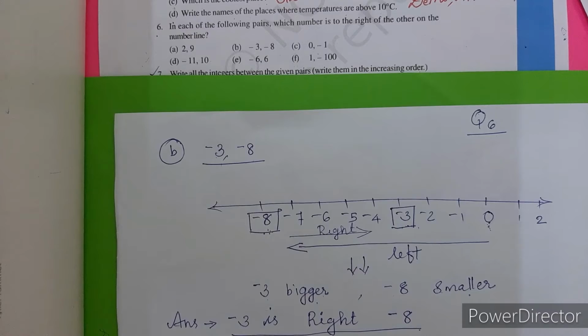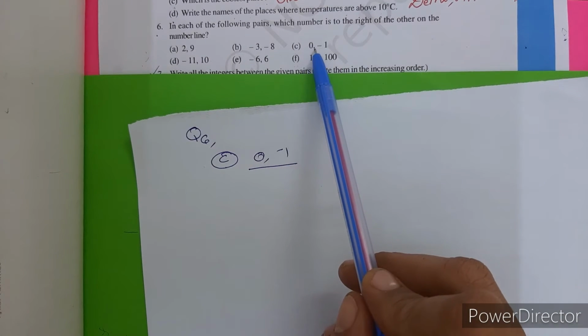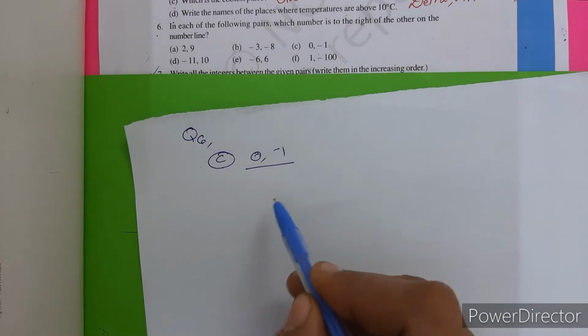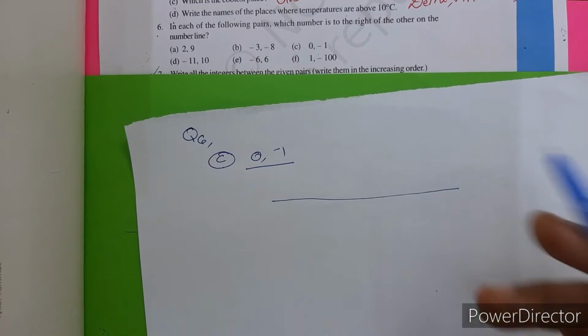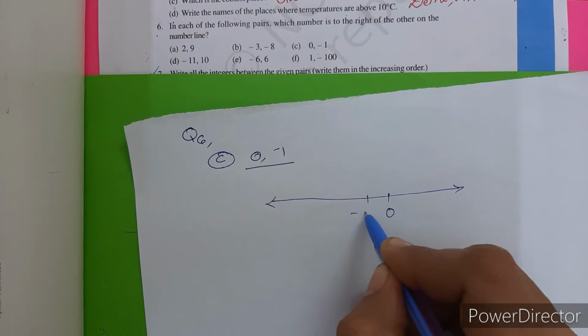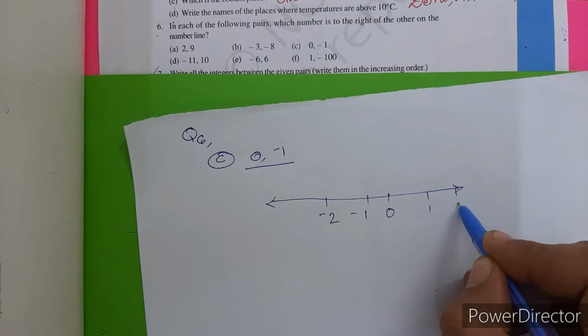Okay children. Coming to C part, the given pair is 0 and minus 1. First of all, we can plot a number line here: 0, minus 1 and minus 2, and here 1 and 2.